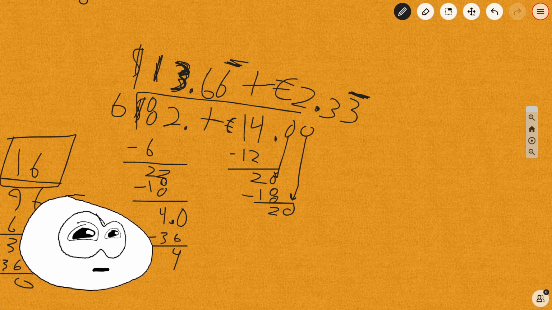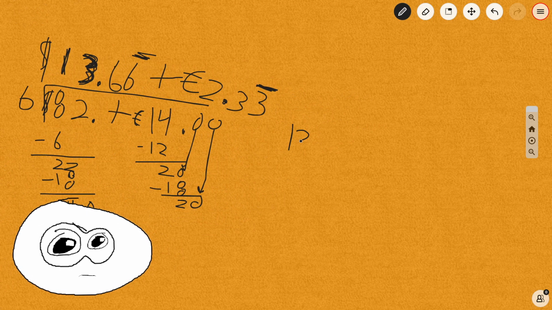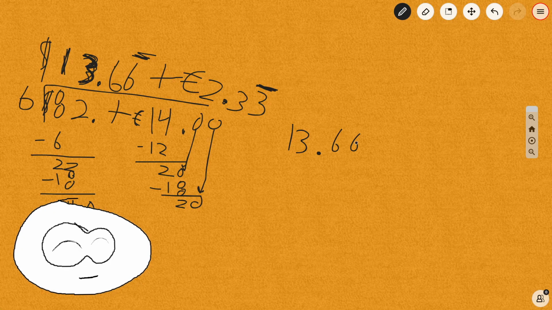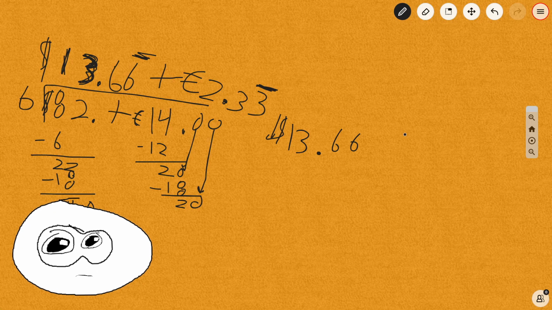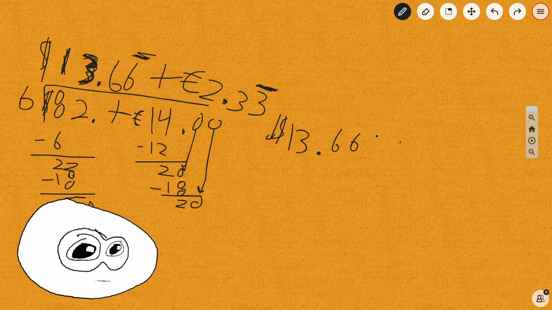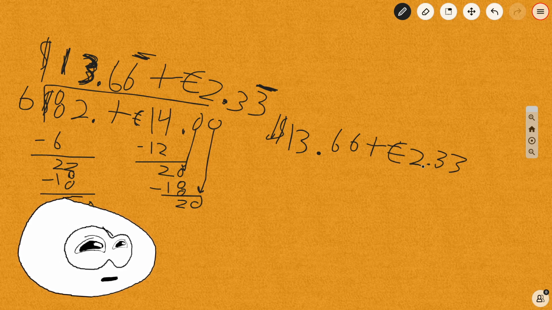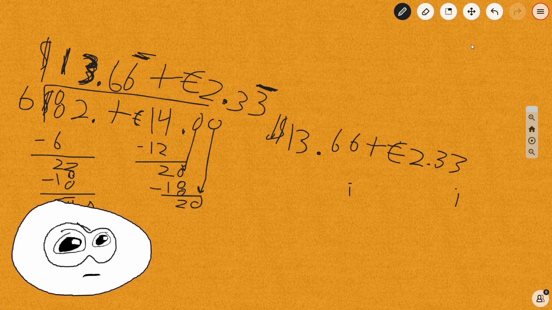So among 6 people with long division, each person will get $13.66 and €2.33, and one person will just get 1 extra coin from each to handle that rounded number.